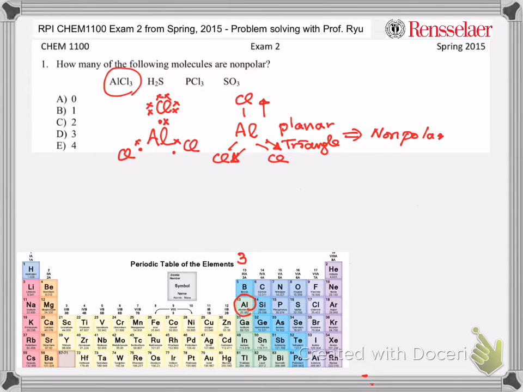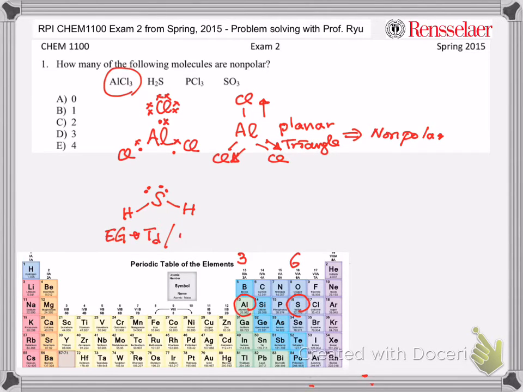The H2S: sulfur is in group 6, so it has 6 valence electrons, and it wants hydrogens on both sides. Hydrogen has 1 valence electron each, so they form two bonds. You use 2 valence electrons and are left with 4 electrons, which form 2 lone pairs. Electron group wise, they are tetrahedral.